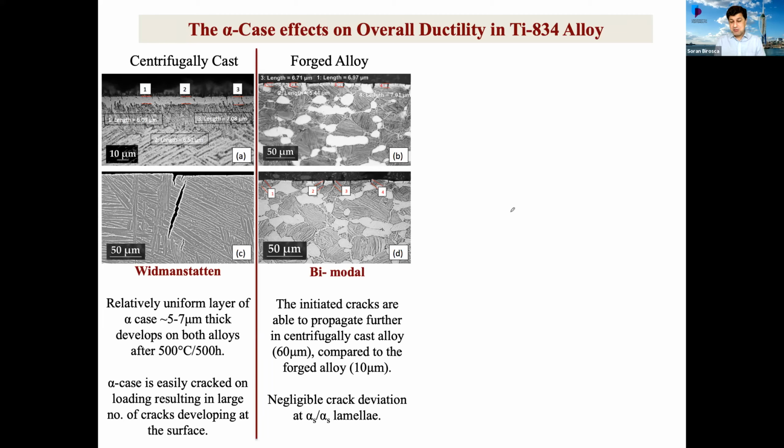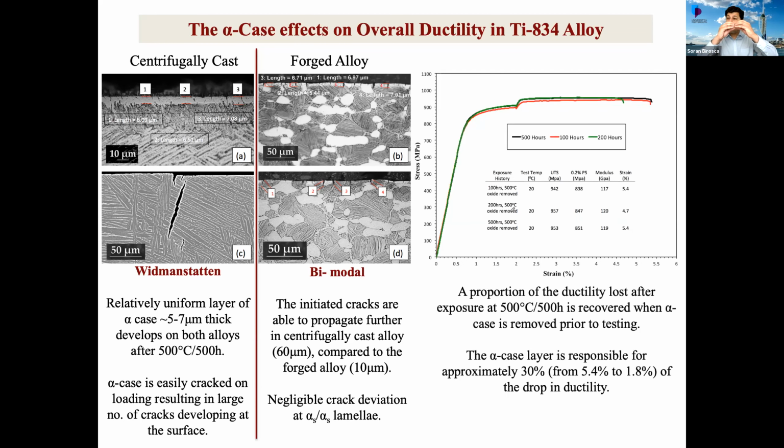So what happens in these cases is there is always an outside layer, which we call alpha case. It is called alpha case because if you expose it to temperature, the oxygen will absorb into the metal, and it will transform the first layer of beta to alpha. Alpha phase in titanium is a little bit harder.